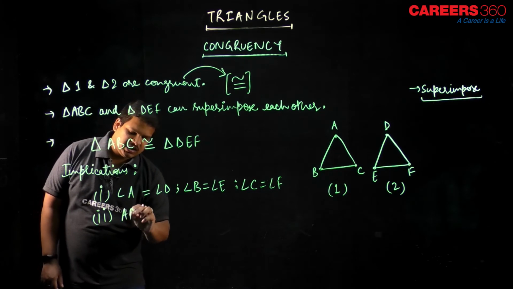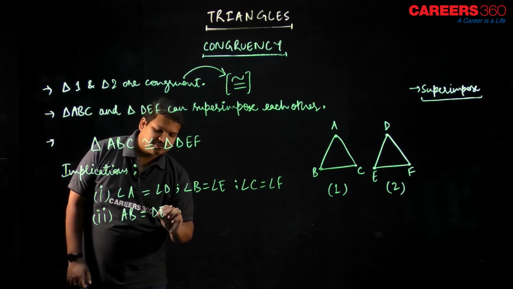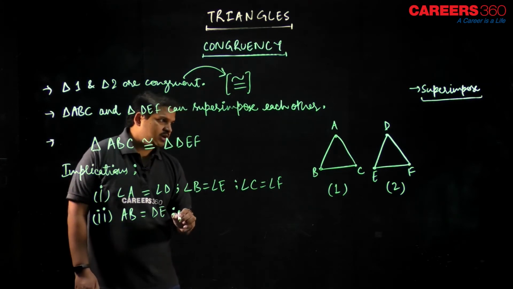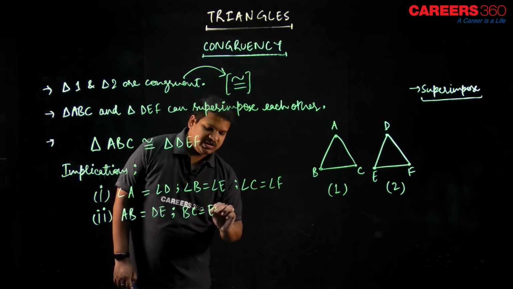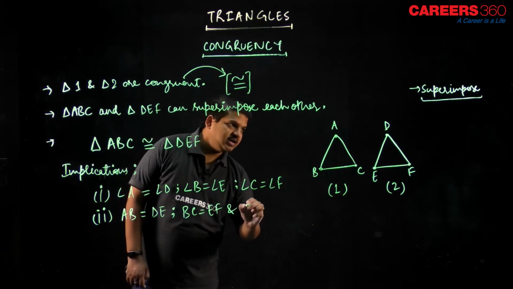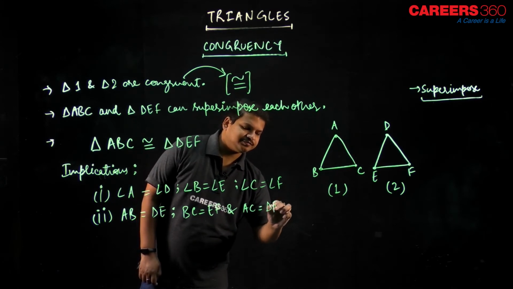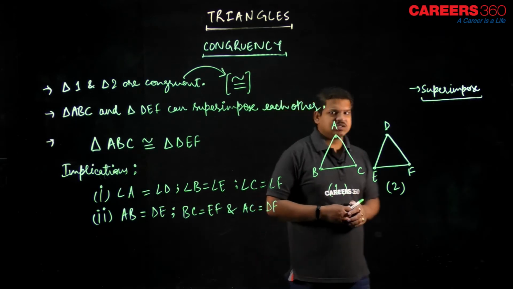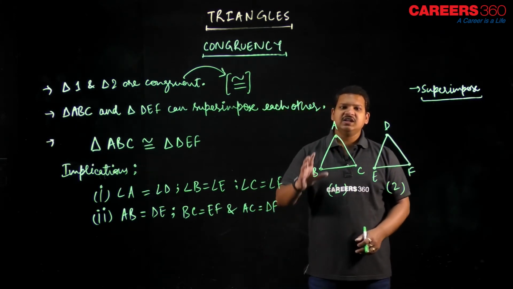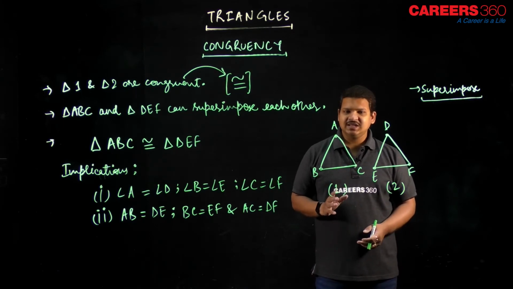Second, AB is equal to DE, BC is equal to EF, and AC is equal to DF. These are two important implications if I say that triangle ABC is congruent to triangle DEF.